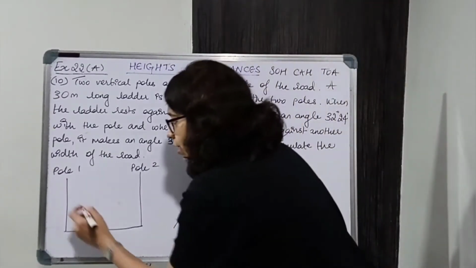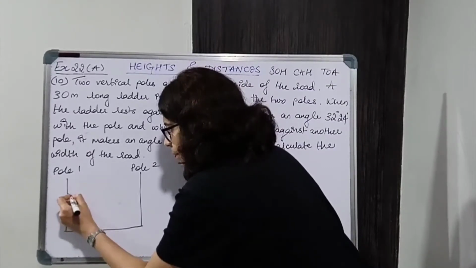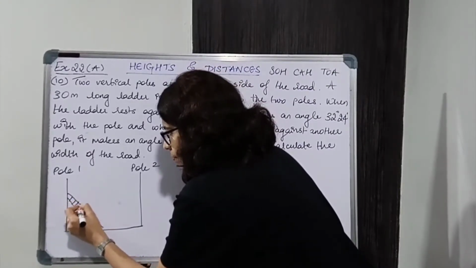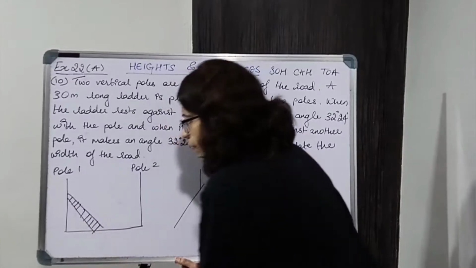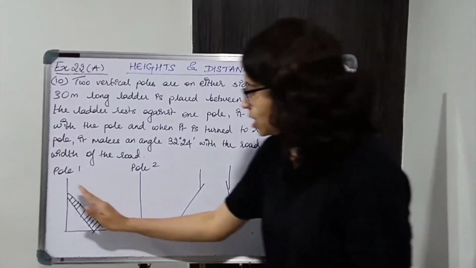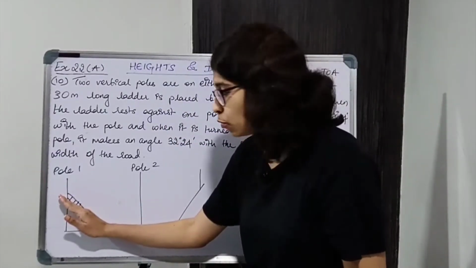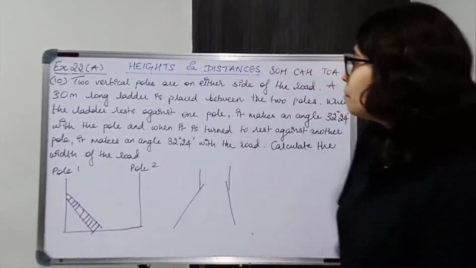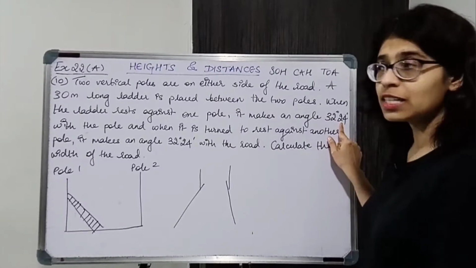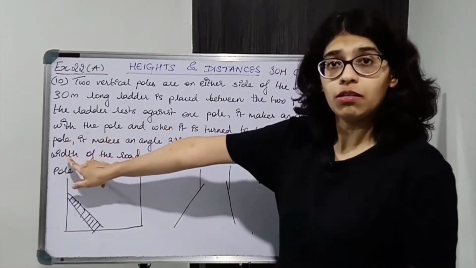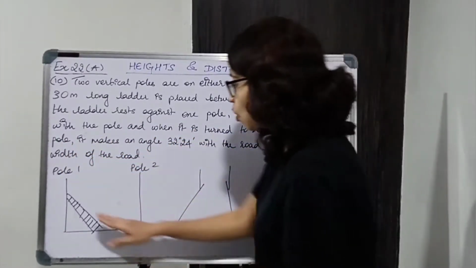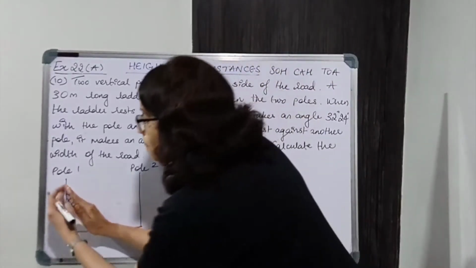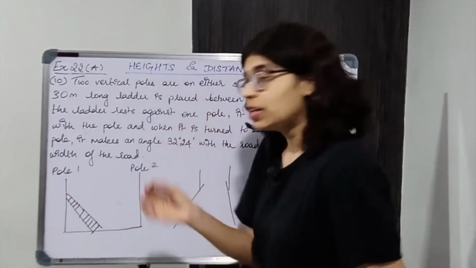So let's say we are resting the ladder like this, on one pole. The angle between the ladder and the pole is 32 degrees 24 minutes.